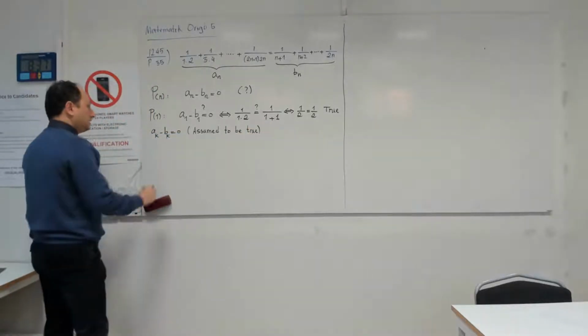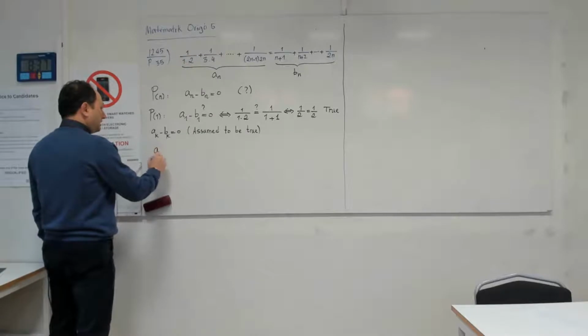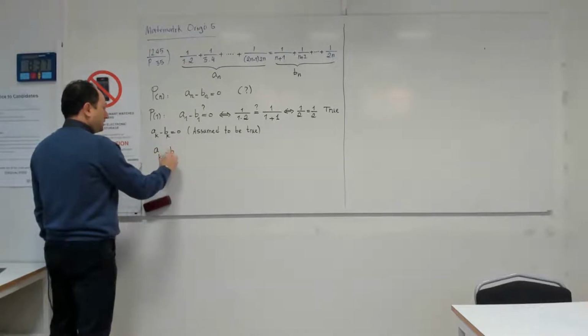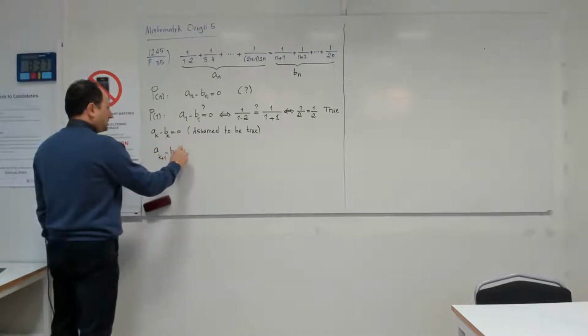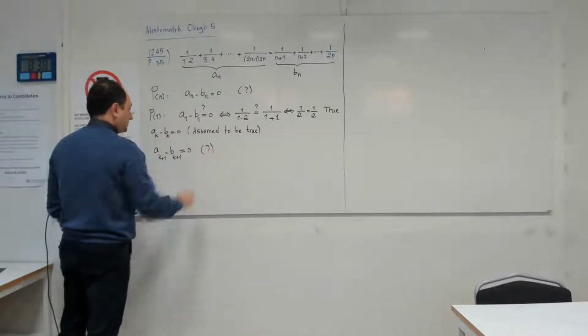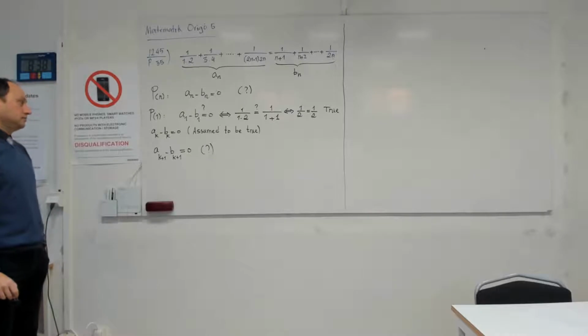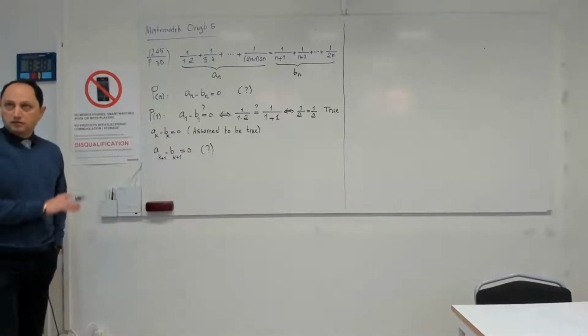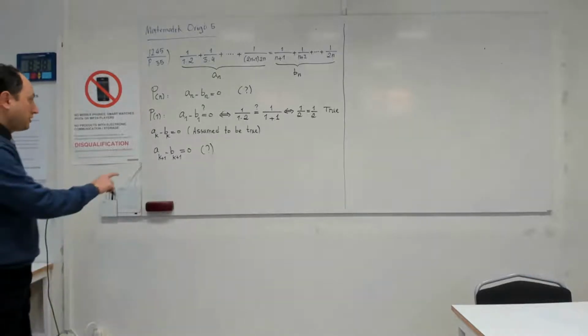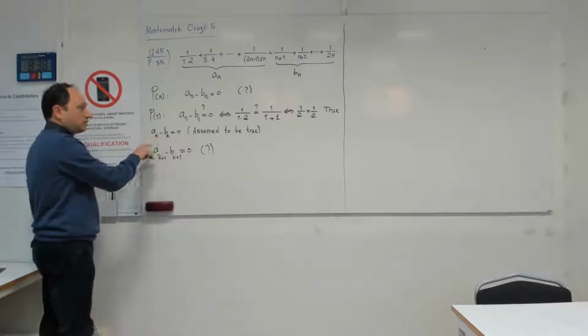And then I want to show that A(k+1) minus B(k+1) is equal to 0 as well. That's my goal. Is that okay? If I can show this based on this assumption, then I am done.